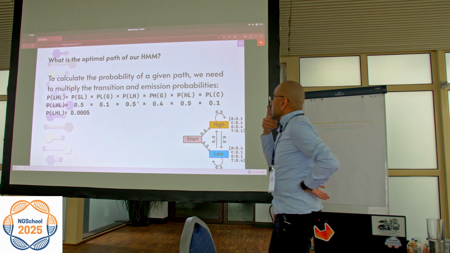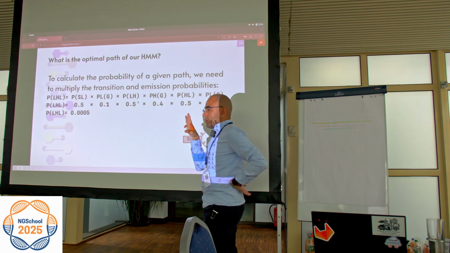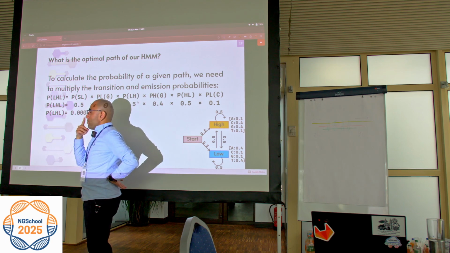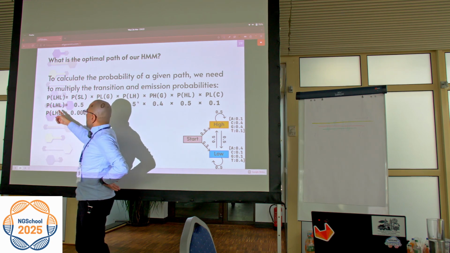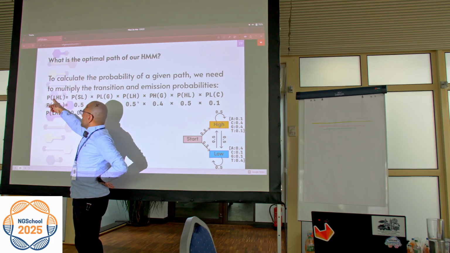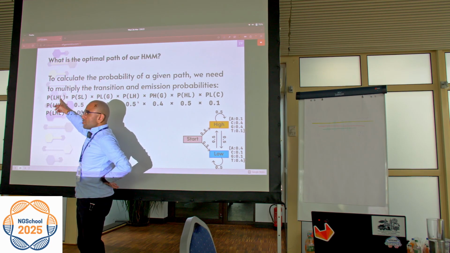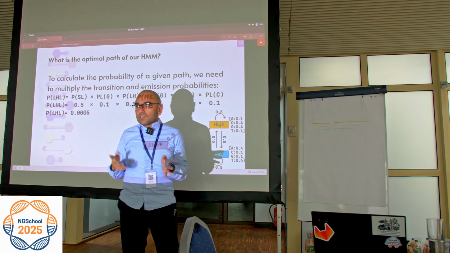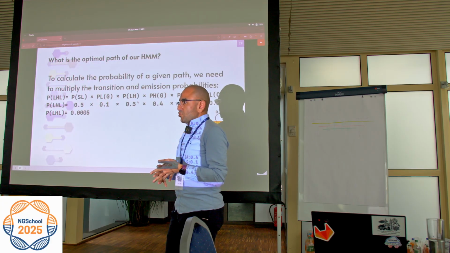In this case, let's suppose that we only have three nucleotides, and we might model the path: it started from the low state, then it changed to high, and then it changed to low. This is a very likely scenario, but we don't know if this is true or not.